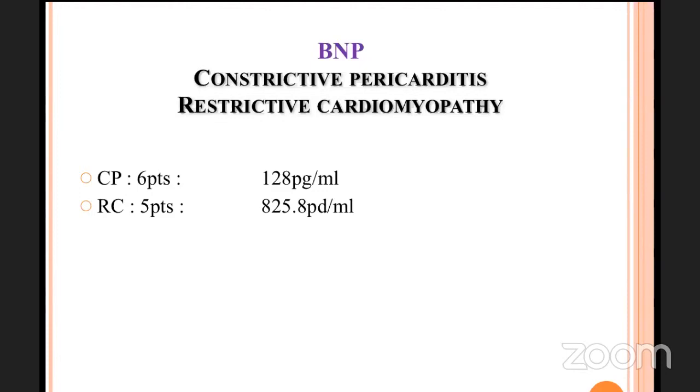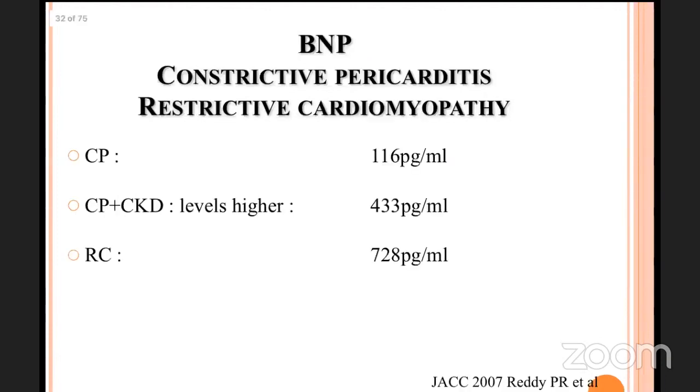So if you find that the patient is suspected to be constrictive pericarditis, and the BNP is normal, probably you're right. But if the BNP is elevated, it is not synonymous with restrictive cardiomyopathy.